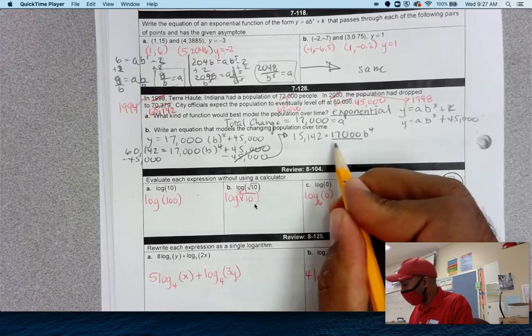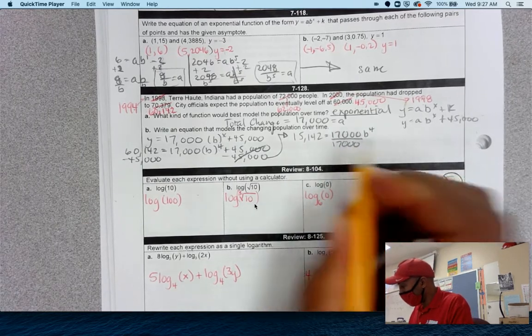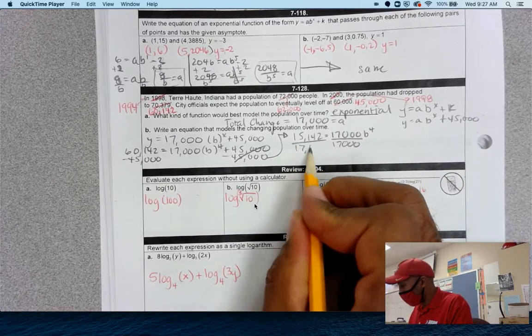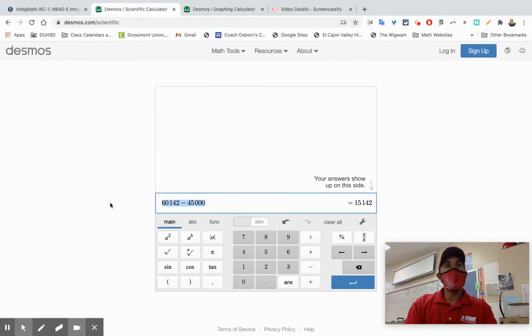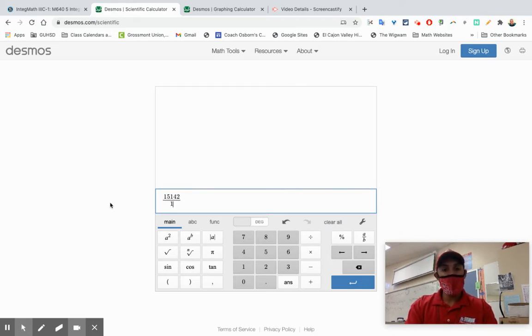Now I want to divide by the 17,000. So let's do 15,142 divided by 17,000. I'm going to round this to the nearest ten-thousandth, so 0.8907.